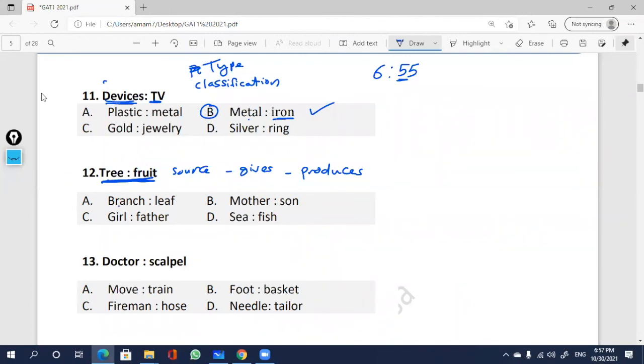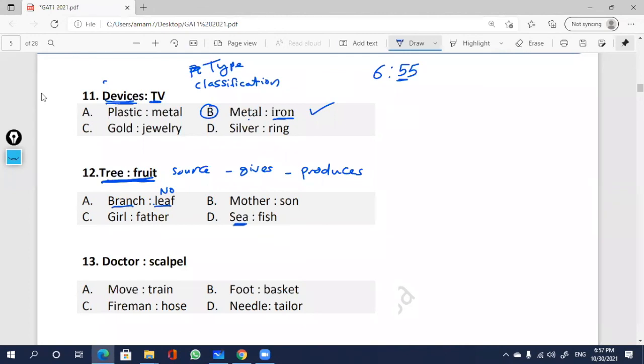Branch, leaf. How about this one? Branch, leaf. That's what I said. Yes. A is the answer. No, it's not the answer. We have another one, which is better than this one. C, fish.